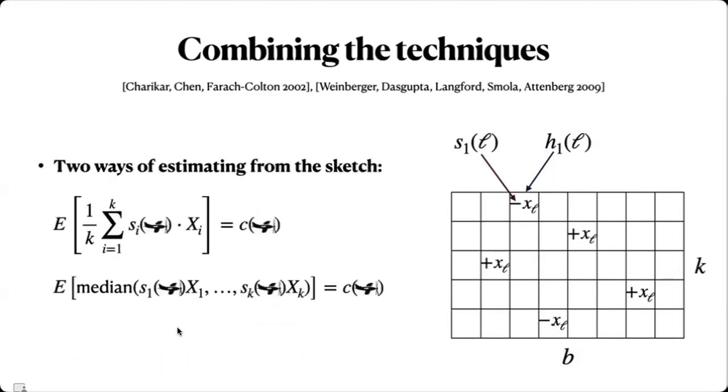Funnily enough, they don't use the same way of estimating from the sketch. In the Weinberger et al. paper, the feature hashing paper, they use averages. This is because they are more interested in things like dot products. And in the Charikar et al. paper, they use the median estimator because they are more interested in high probability guarantees.